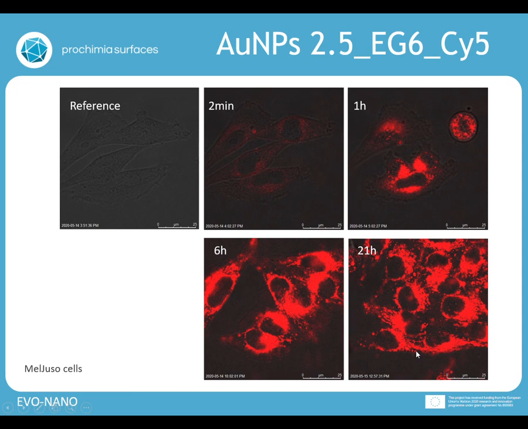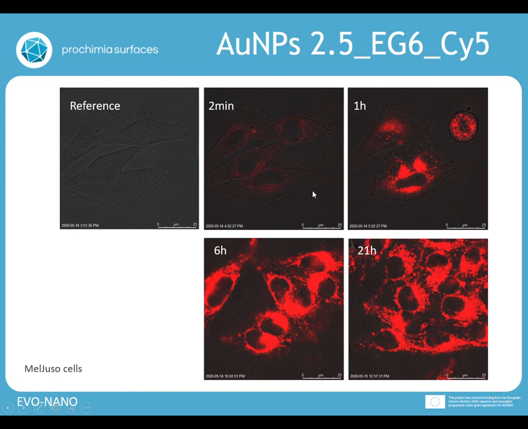To observe the interaction of these fluorescent gold nanoparticles with the cell, we selected a Melgiso cell line, just to confirm first of all that the fluorescent properties of the gold nanoparticles can be preserved under physiological conditions. So over here the first photograph is just a reference, the second is after the addition of the gold nanoparticles, and what we can see, these nanoparticles are just too small to observe individual gold nanoparticles.